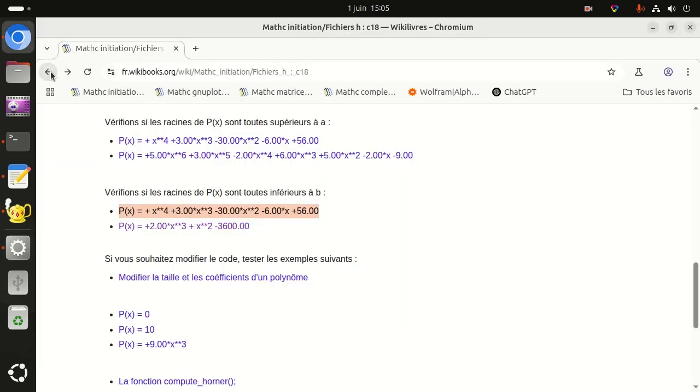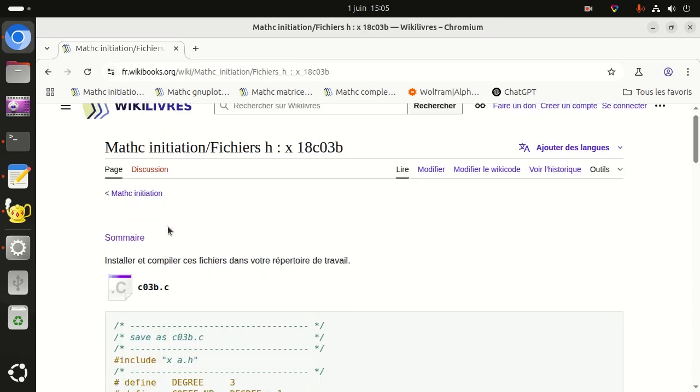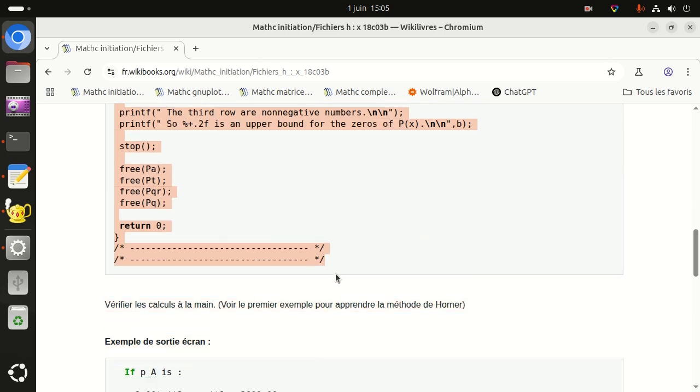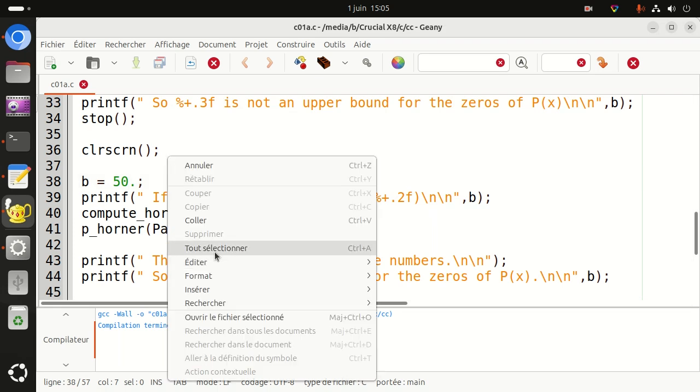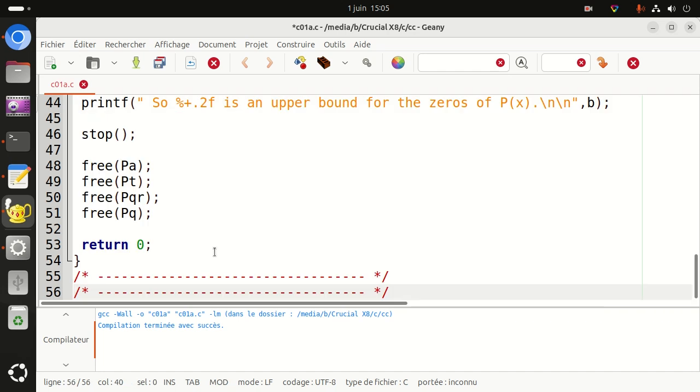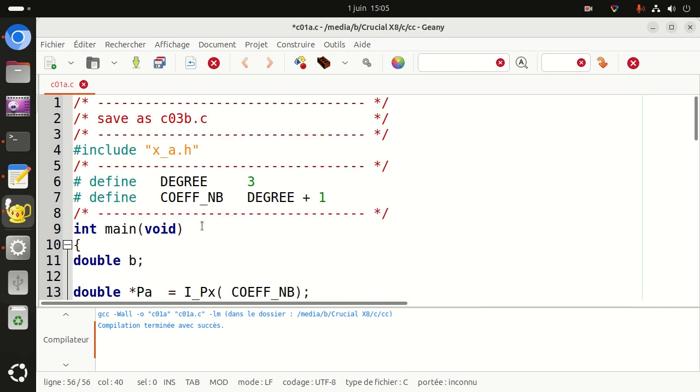Now I want to try the second example. I copy the second example into my editor. This time the degree of the polynomial is 3.